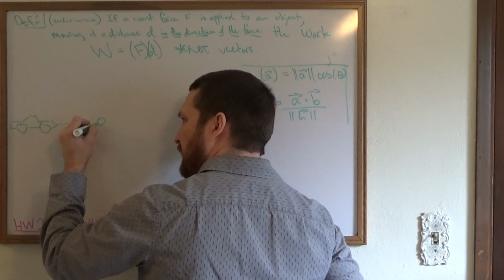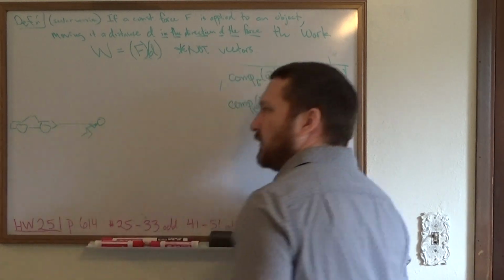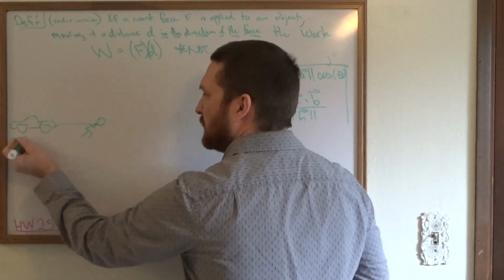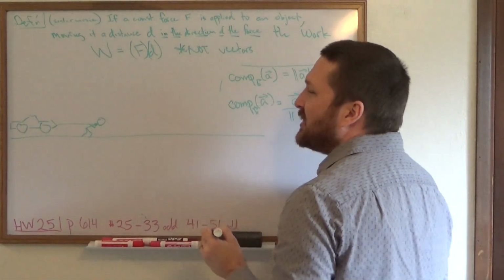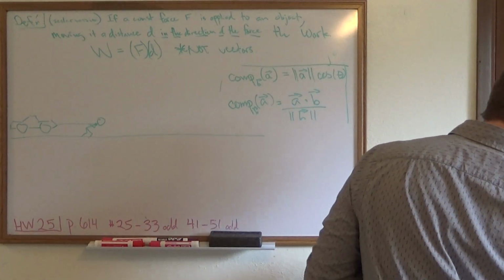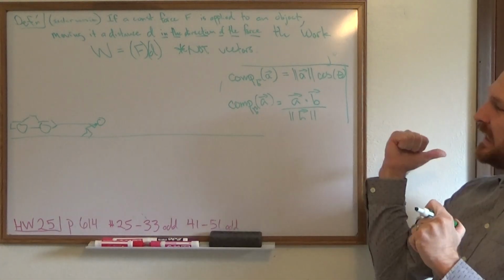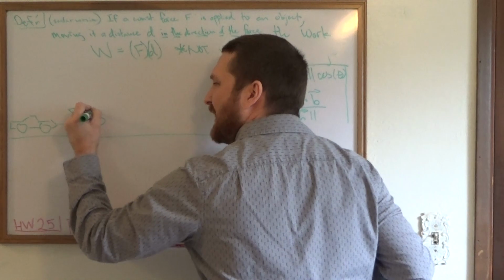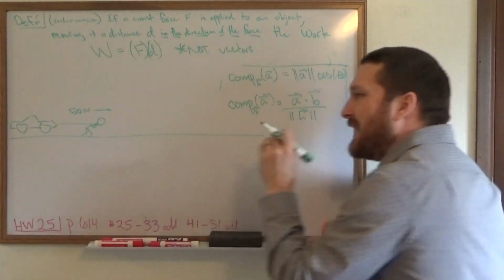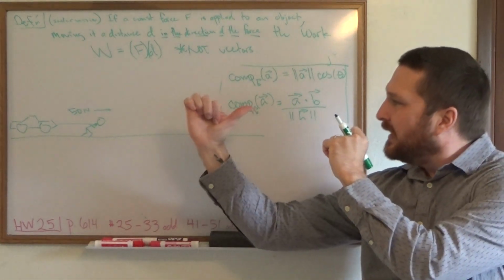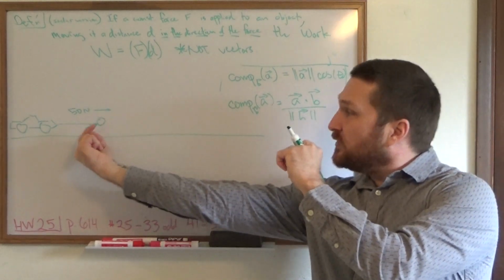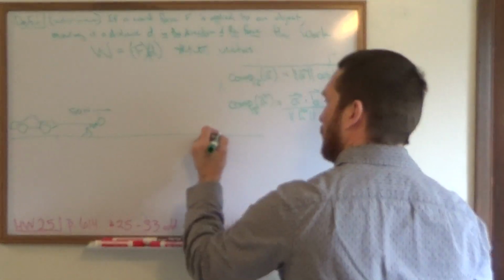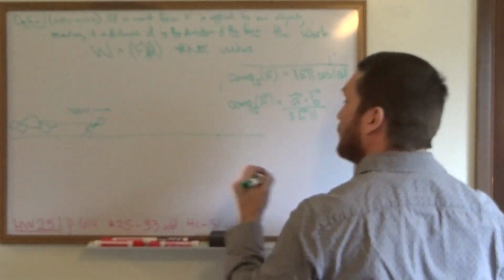Let's say I'm pulling with a force of 50 newtons in that exact direction, and that exact direction happens to be the direction of motion. And let's say that I pull that car a total of 100 meters.